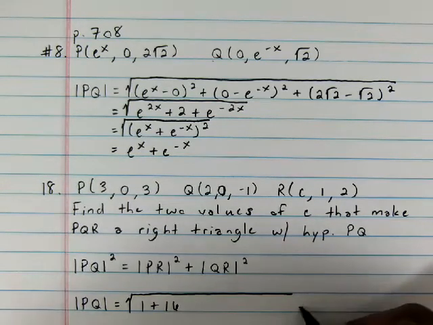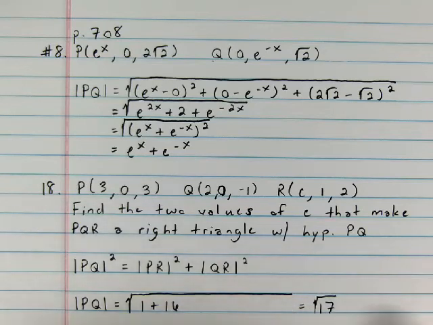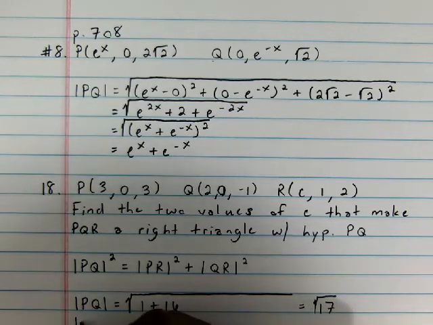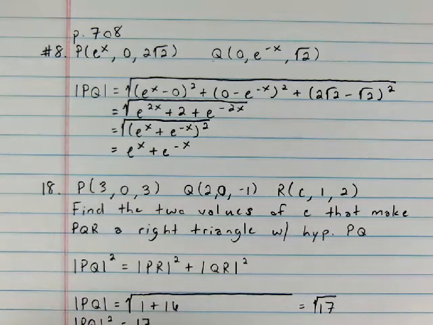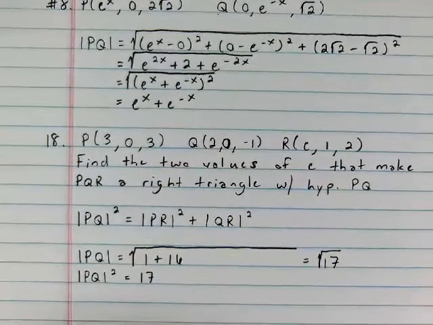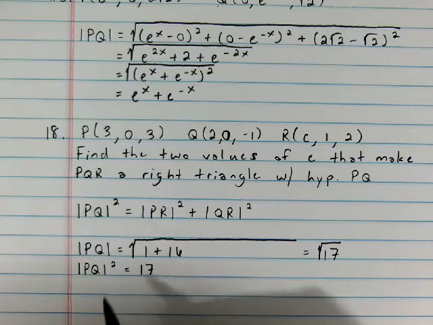So we get the square root of 17, but remember we want PQ squared, so PQ squared now we have is 17. And let's go ahead and find PR squared and QR squared as well. So PQ squared, which is our left-hand side of the Pythagorean theorem, is just 17.